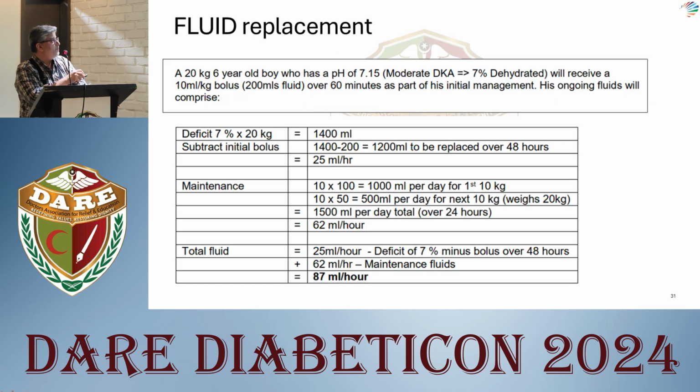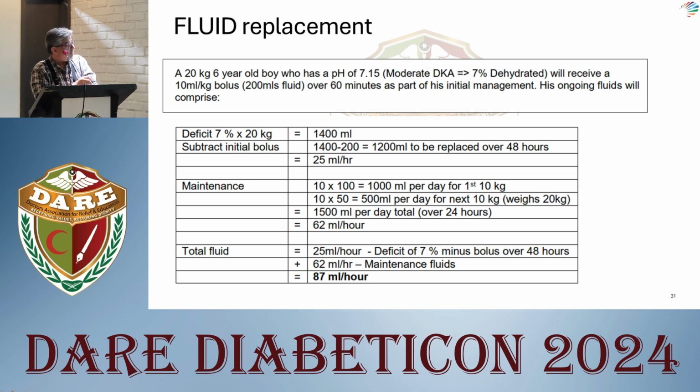For example, a 20 kilo 6-year-old child with pH 7.15 has moderate DKA, and that is why you gave a 10 ml per kg bolus, around 200 ml. Because it is moderate DKA, you will take 7% as your degree of dehydration.